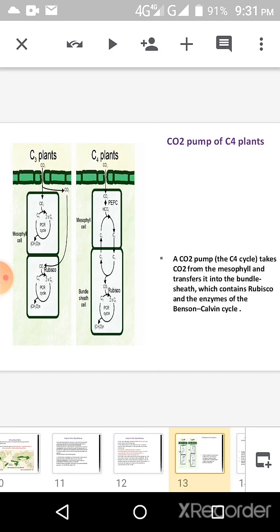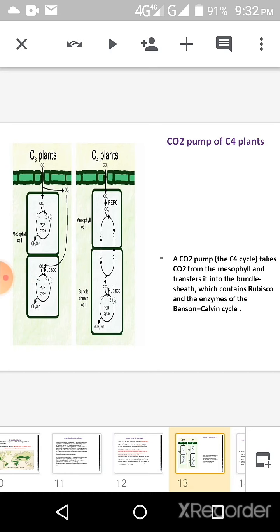In C4 plants, two different types of cells are shown, the mesophyll cell and the bundle sheath cell. In the mesophyll cell, the enzyme operative is PEPC, which means PEP carboxylase, phosphoenol pyruvate carboxylase, which initially takes up the carbon dioxide molecule to form malate, and this is transported to the bundle sheath cell where the carbon dioxide is released and fixed by the Calvin cycle, and the enzyme operative in the bundle sheath cell is Rubisco.